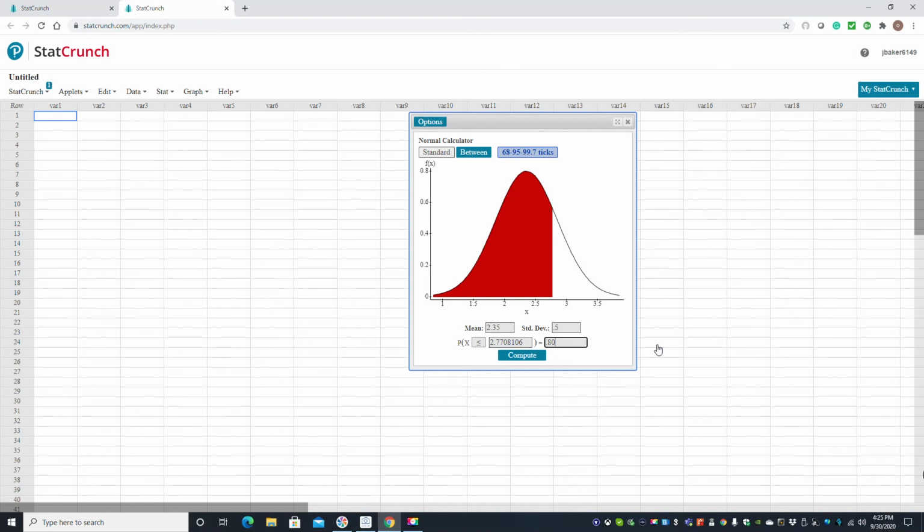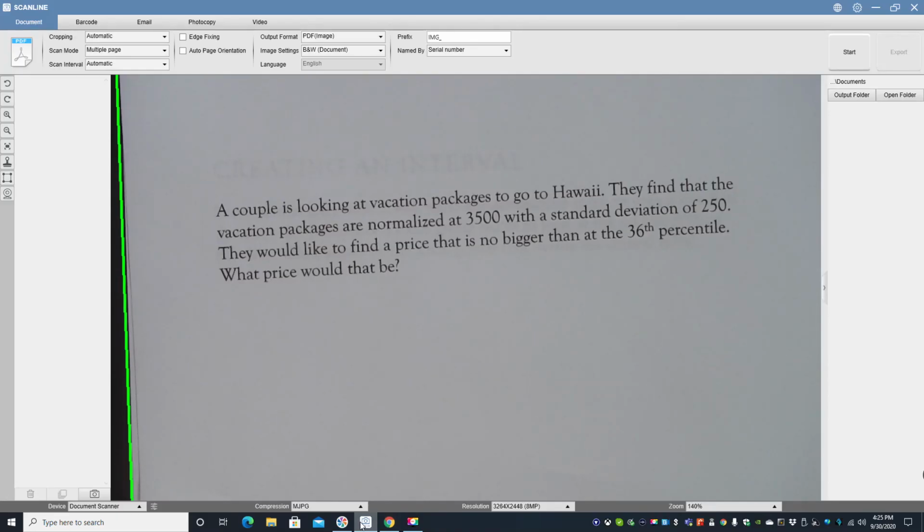Okay, so my next example states, and I'll switch it over and you can see it. And then I'll do it on StatCrunch. A couple is looking at vacation packages to go to Hawaii. They find that the vacation packages are normalized at $3,500 with a standard deviation of 250. They would like to find the price that is no bigger than the 36th percentile. What price would that be?